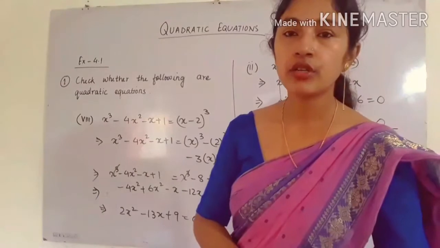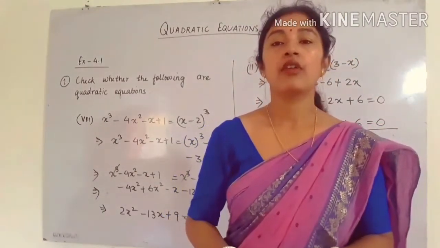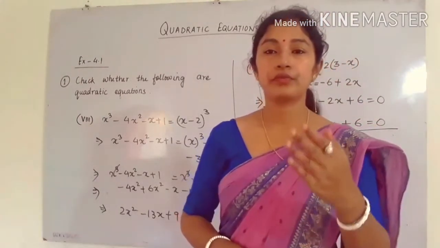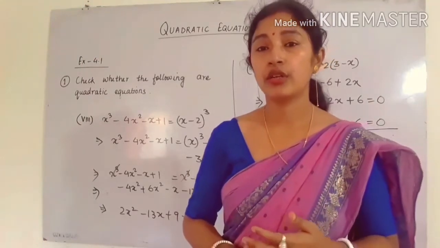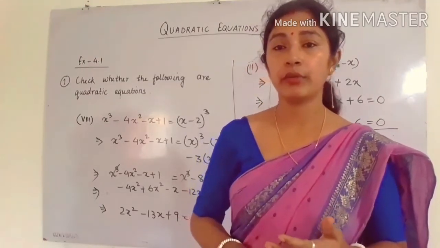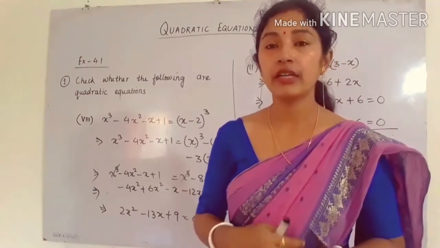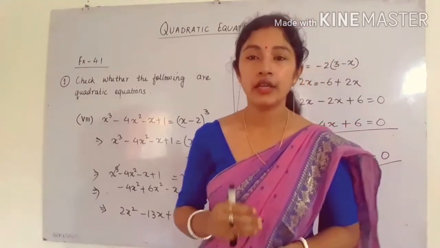Like in a pair of linear equations in two variables in the last chapter, we had word problems there. First of all, we have to form the two linear equations, and only then can we find the solution. So first of all, we have to form the correct equation.